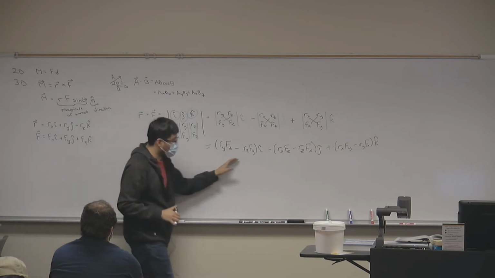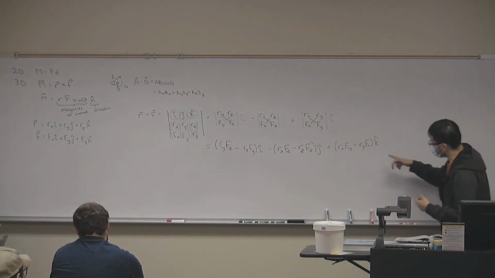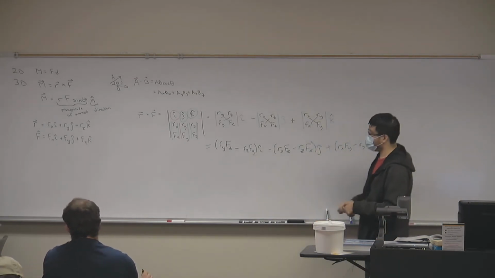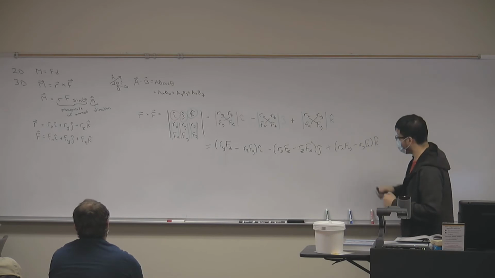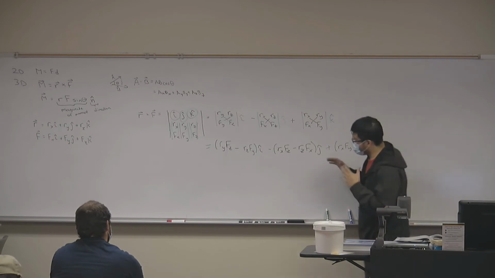This is the moment that a force F acting at a distance r from a point causes. We have an I component, a j component, and a k component. And what does this mean?